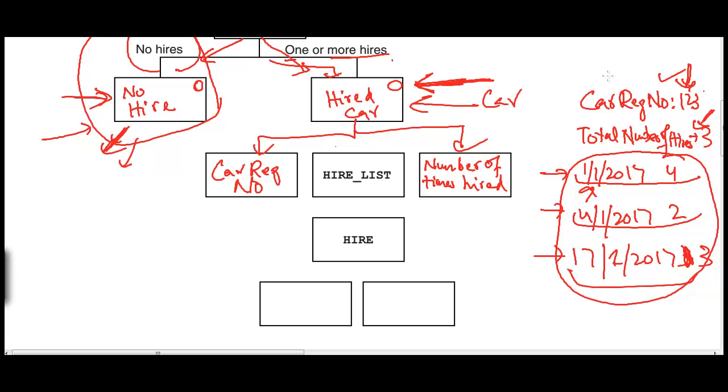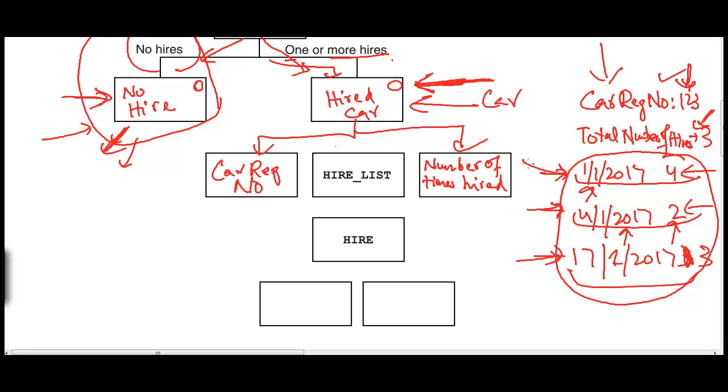And it's always good to have sample data to think about what is going to be output one time and what is going to be output multiple times. But how about the information related to which date the car was hired on and for how many days it was hired?